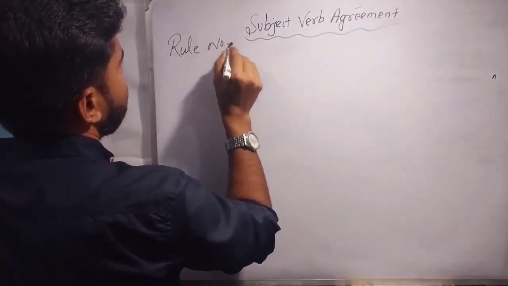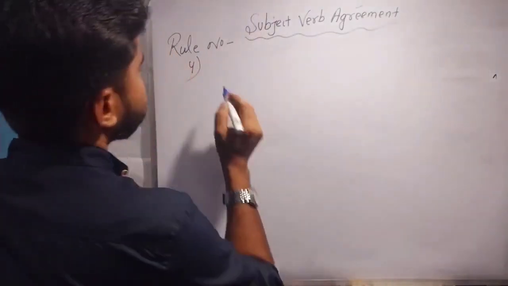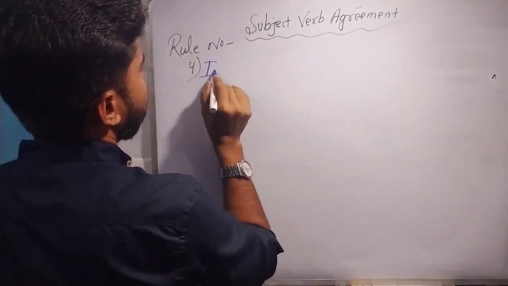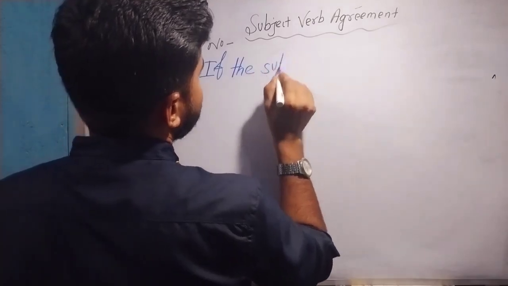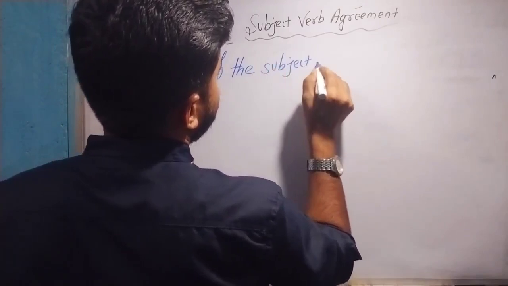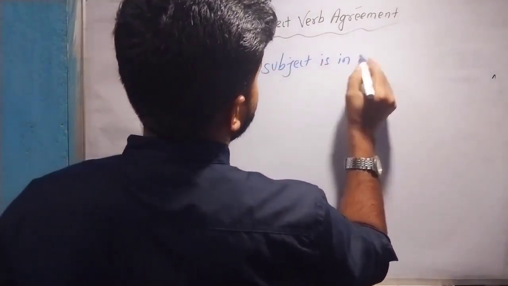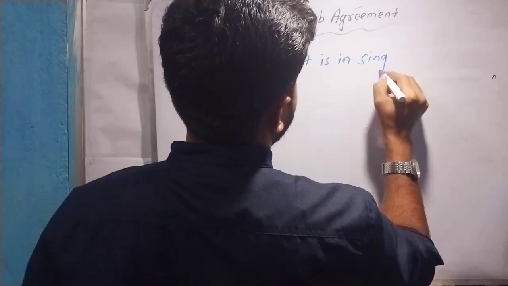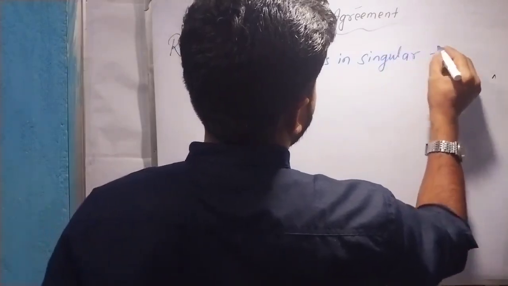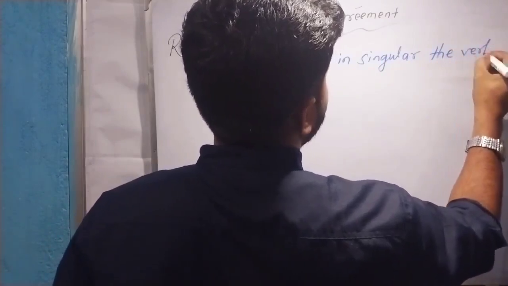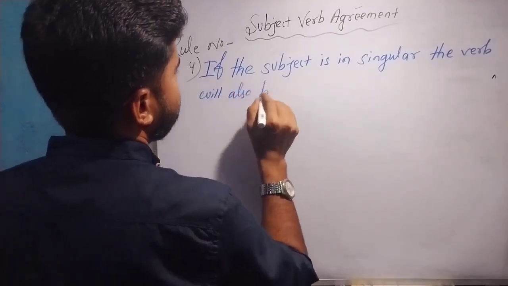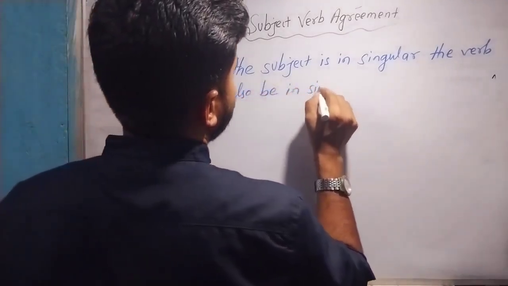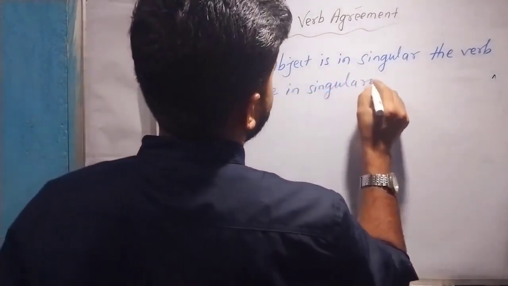Rule number 4. In the fourth rule, we can include: if the subject is singular, the verb will also be in singular form.